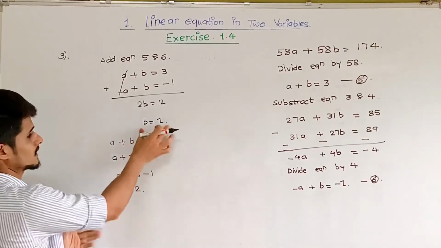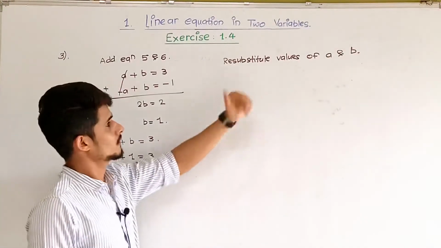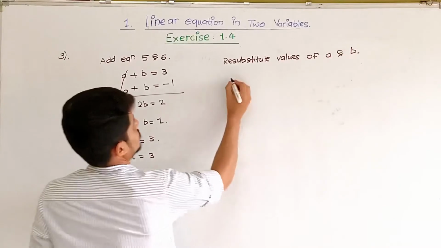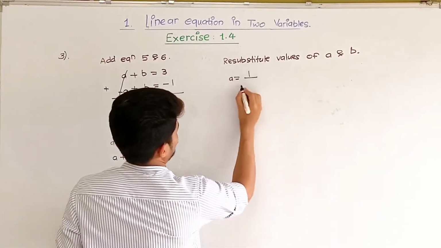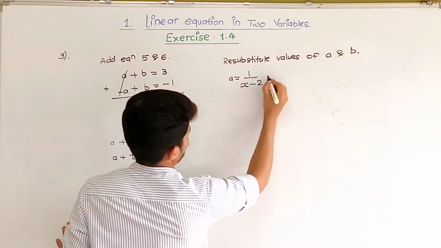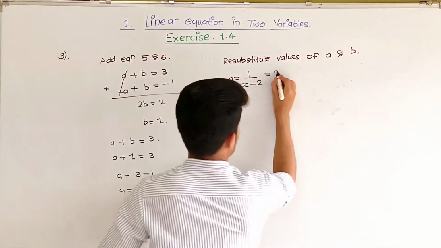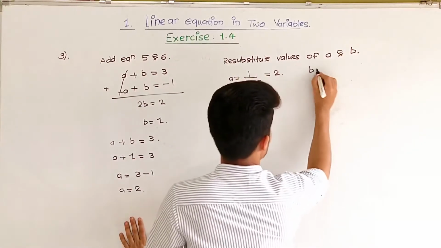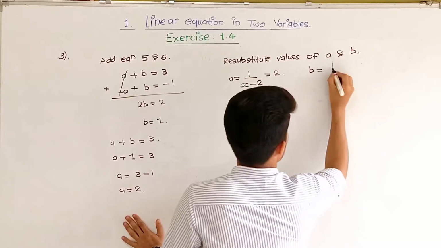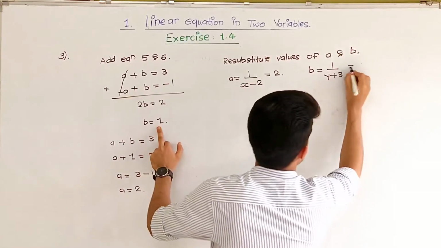So now we'll resubstitute the values of a and b. a is equals to, we have taken a as 1 upon x minus 2, and the value of a we have is 2. Similarly, b is equals to, we have taken b as 1 upon y plus 3, and the value of b we have is 1.